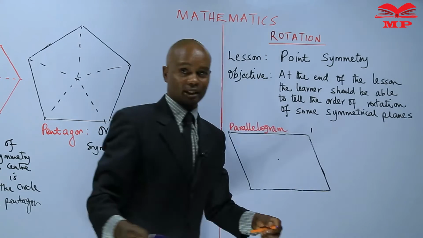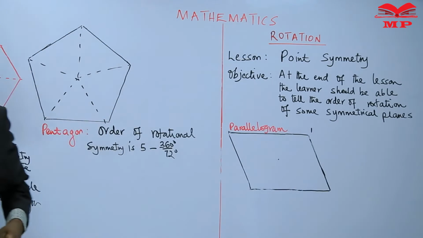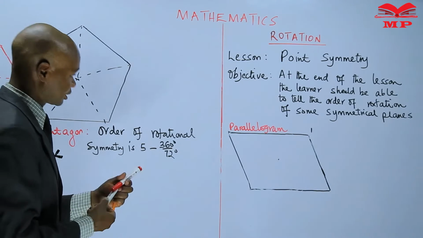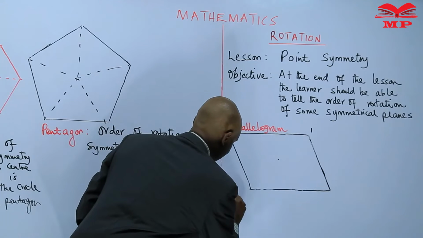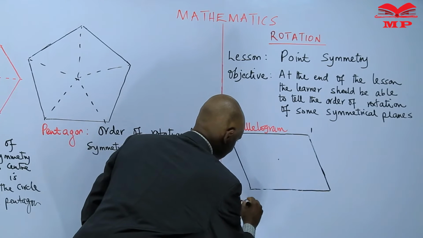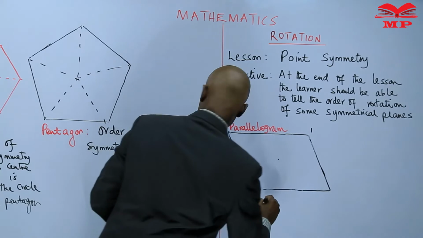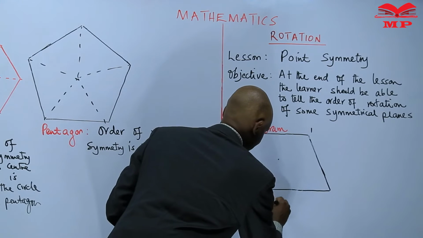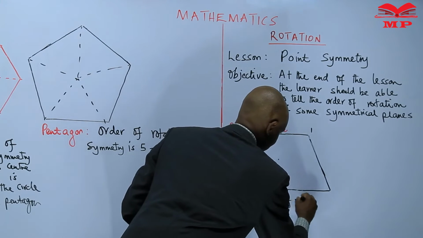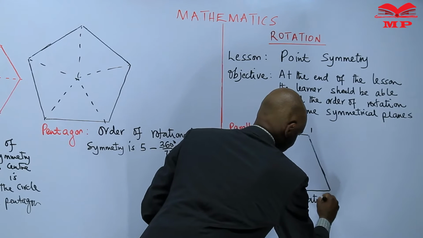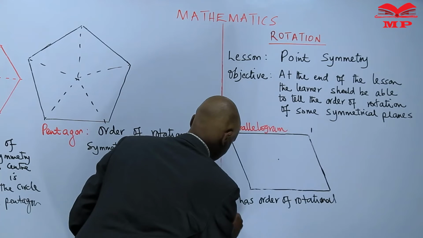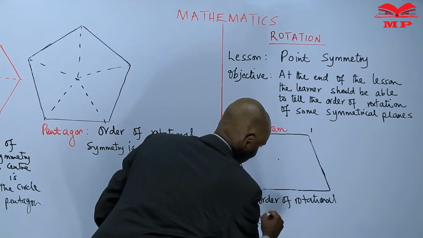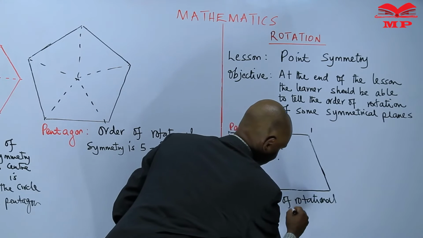So what do you say, Lana? We say that a parallelogram has order of rotational symmetry equal to 2.